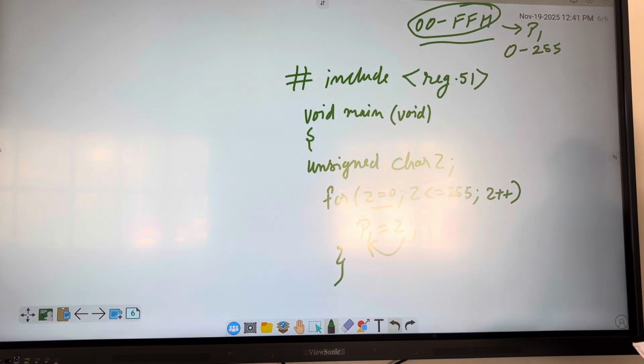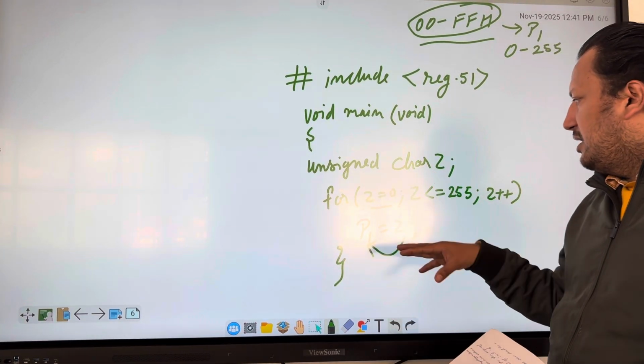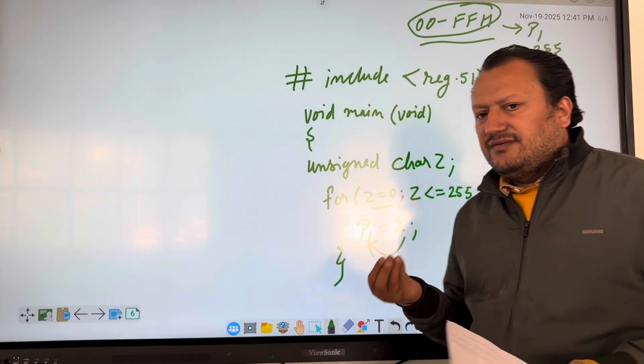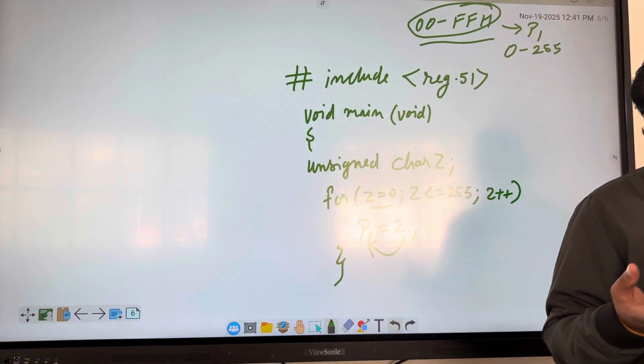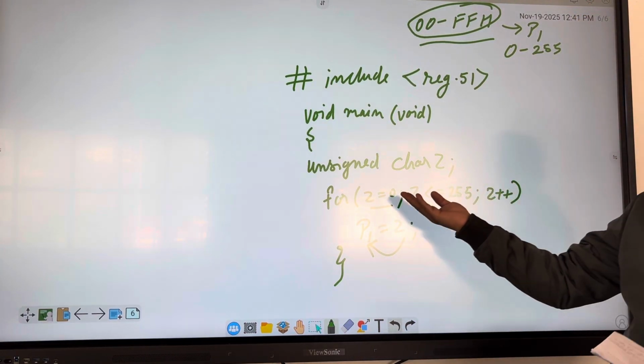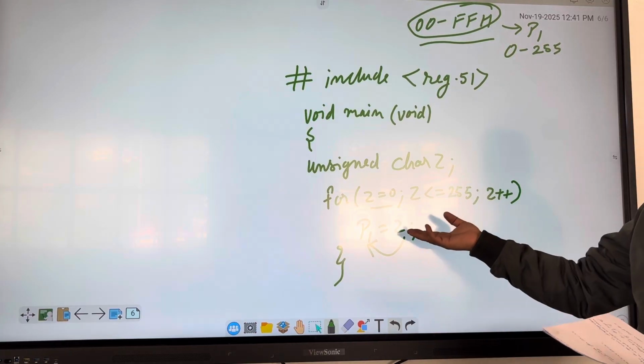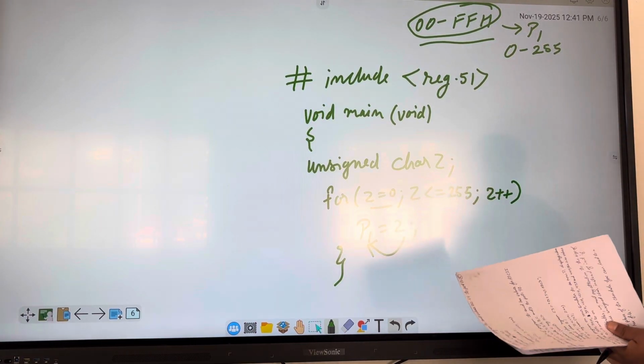P1 will take the 8-bit binary value, because unsigned character means it will take 8-bit binary. So whatever values it is giving, the corresponding 8-bit binary values will be taken for Z, and then P1 will get the values of Z.